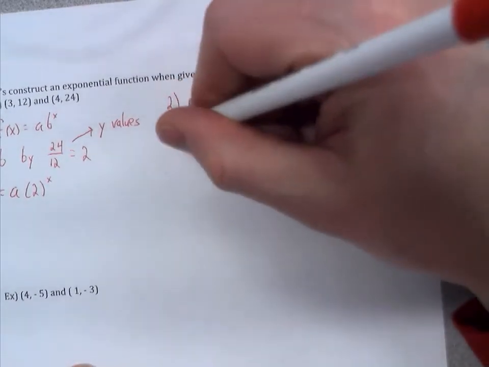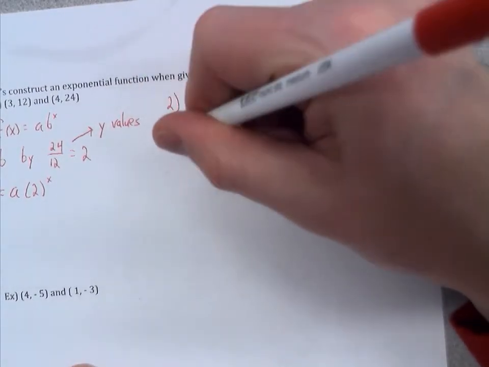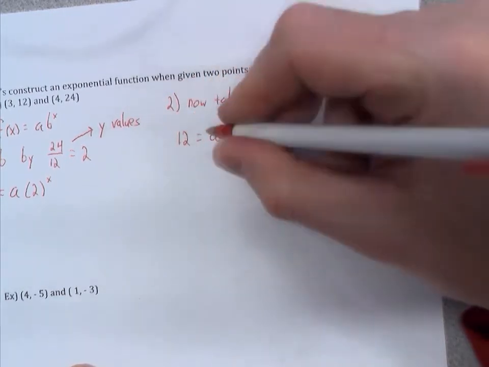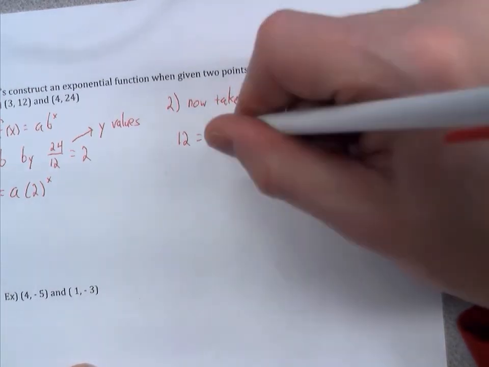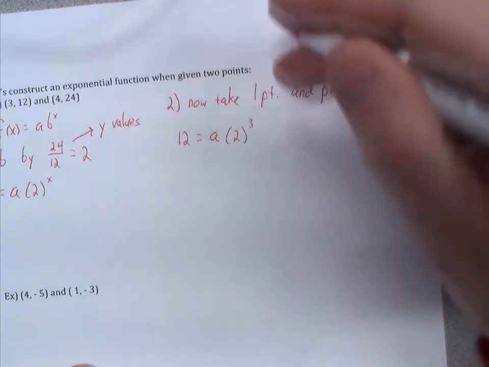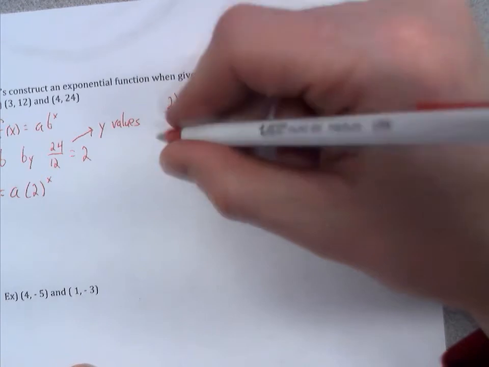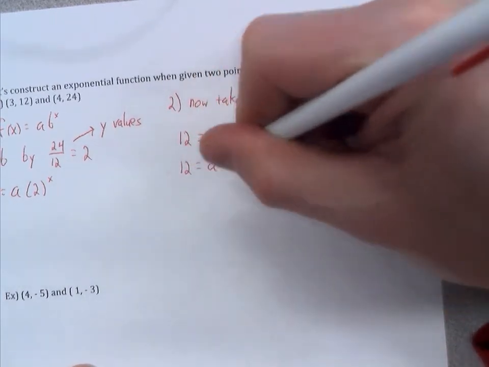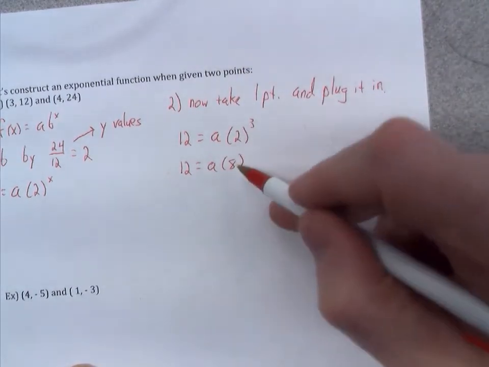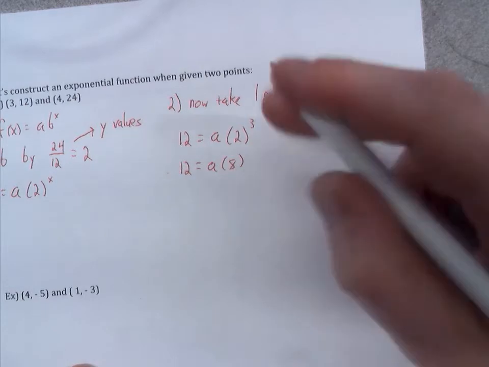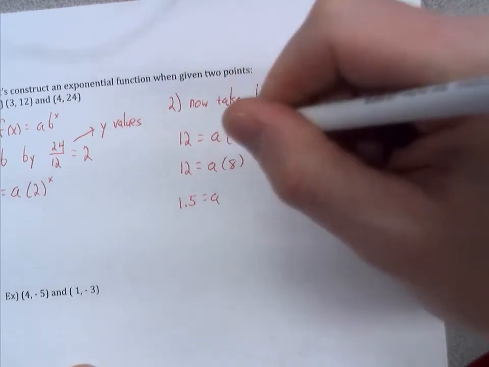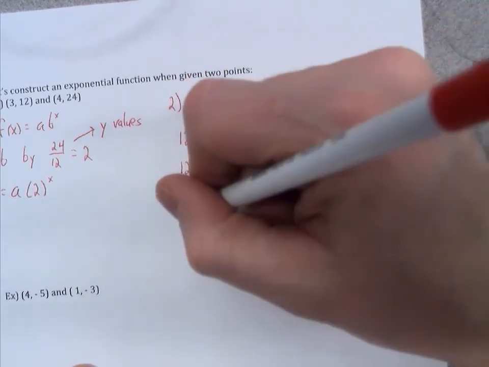So I know that 12 equals a, which is our first position, which we don't know, times 2, because that's what b is, to the third power, because that's the x value. So that means we have 12 is equal to a times 8. Okay, 2 cubed is 8. Now all I have to do is divide 12 by 8, and I get 1.5 is equal to a, which is the same as 3/2.